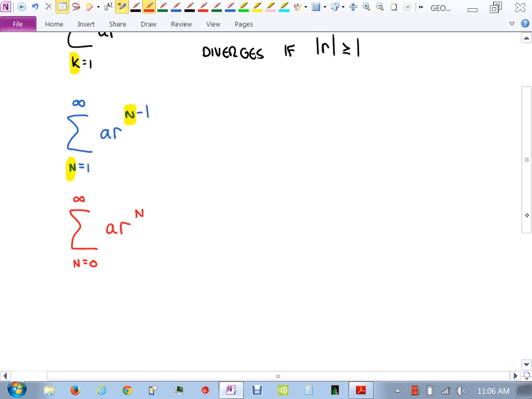It's r to the n, not r to the n minus 1. That creates the same exact series, though. List them out. Start at n equals 0 instead of n equals 1, and what would you have? What would your first term be? A times r to the 0 is 1, right? So plus, now let n be 1. So you get ar, and then ar squared.